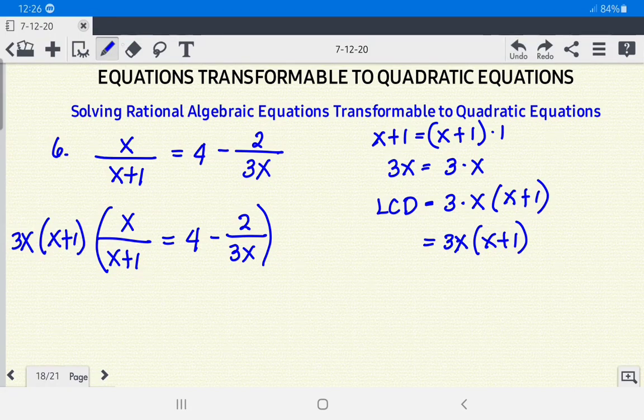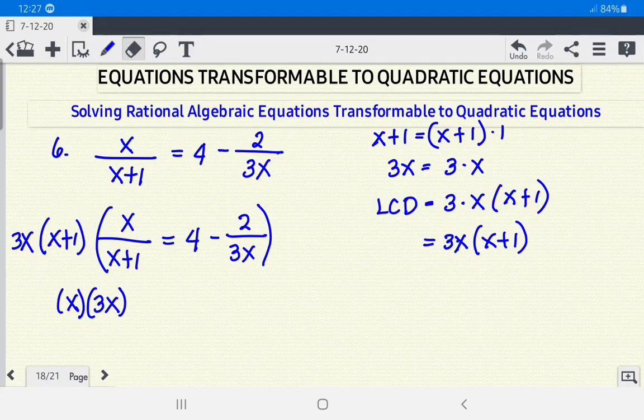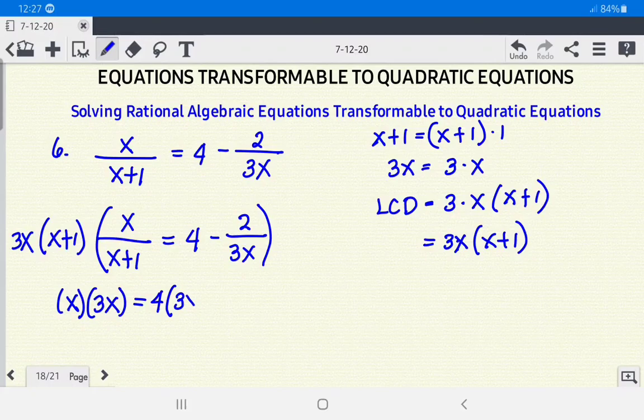Okay, so we have 3x times x. Next, make use of the parentheses. The next, we have 3x times x plus 1 times 4. So, we will just multiply. We have 4 times 3x times x plus 1.